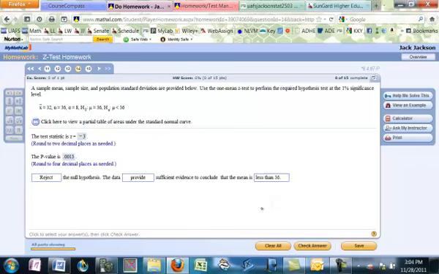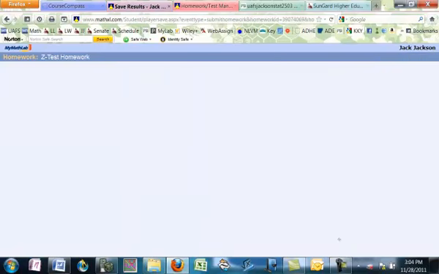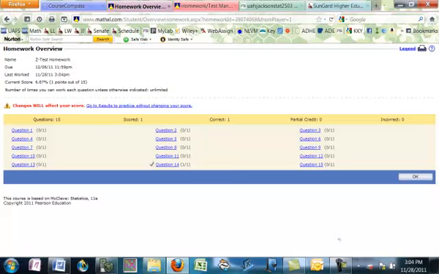That was what we tested for. So there is enough evidence to support the alternative hypothesis. And so there is an example of a z-test.